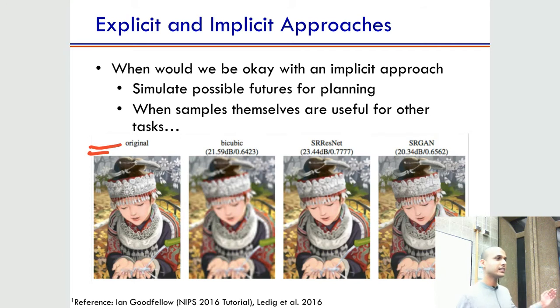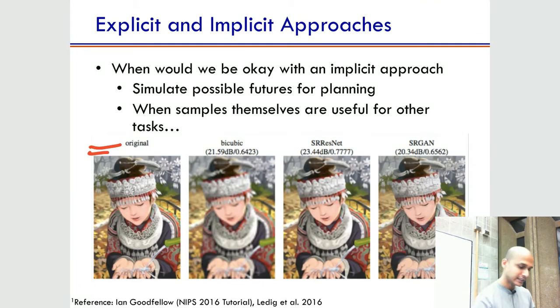You've been given some training data from which you created this implicit sample generator. Now, given a low resolution image, conditional on that evidence, you get some new sample, which is hopefully a high resolution version of that conditional low resolution image.